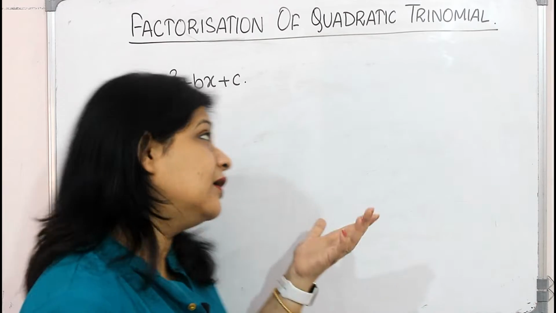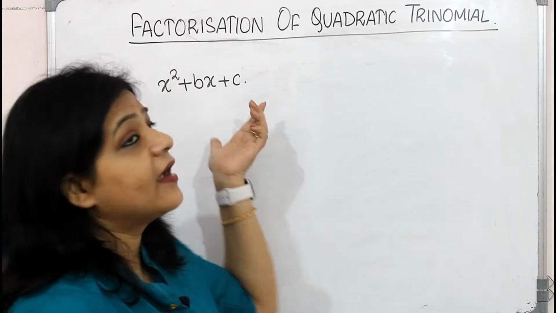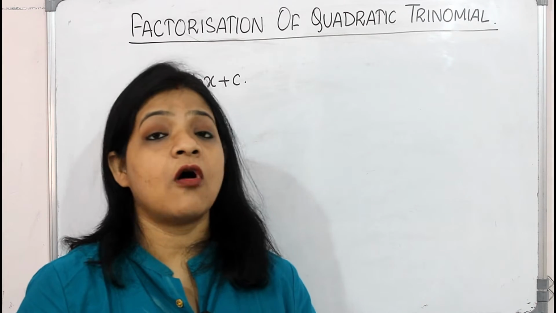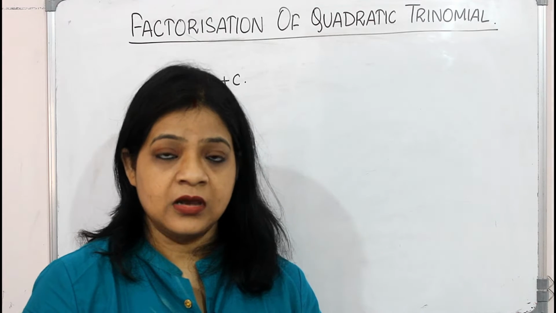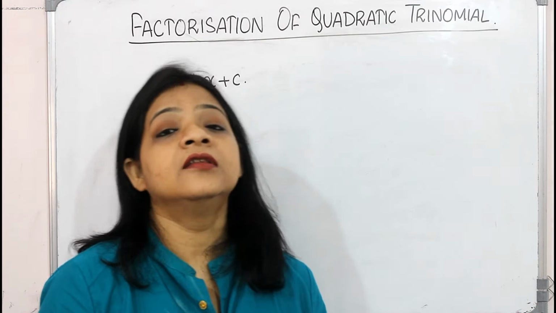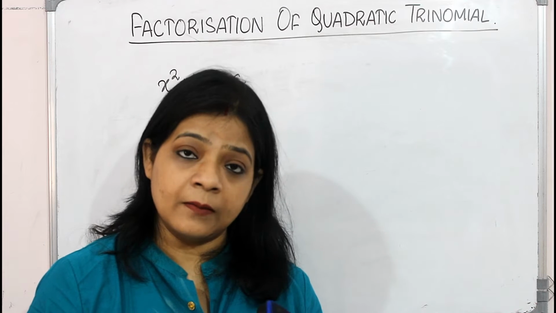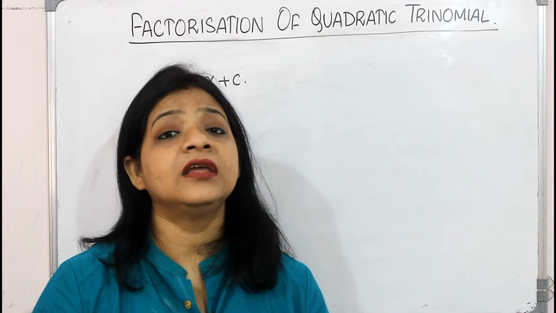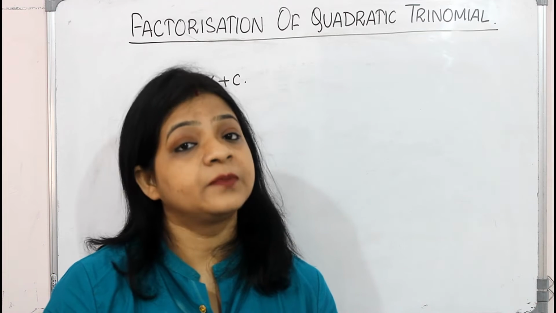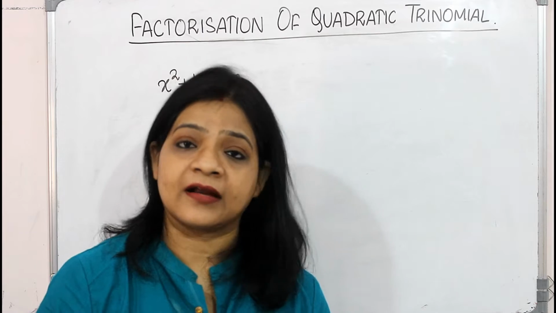Now here you are to find out the factors of this type of polynomial. So how is this done? This is basically done with the help of a method that we call middle term splitting or middle term factorization.